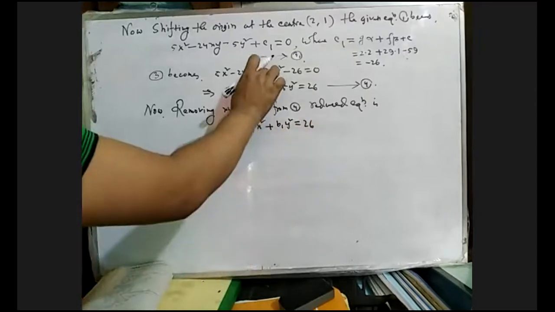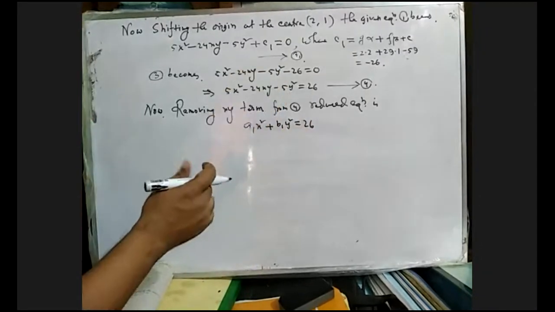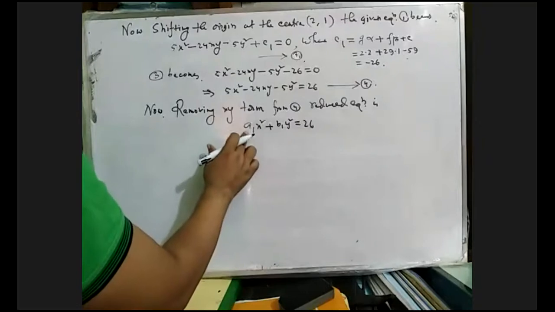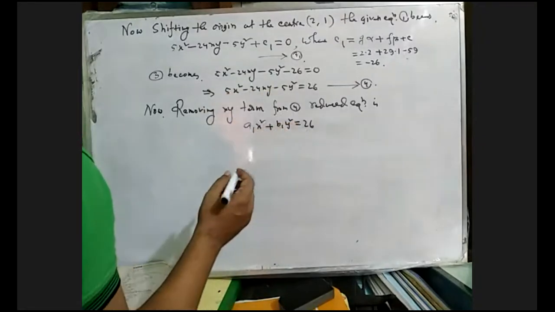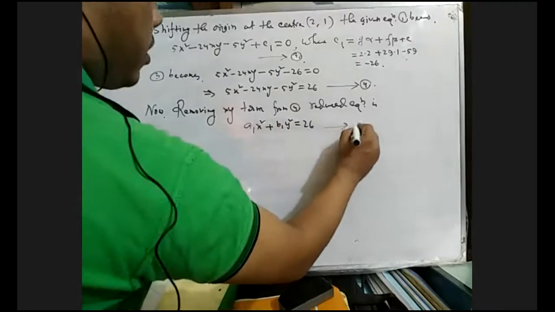Just removing this xy term. We are naming this a1 x square and b1 y square equals to 26. This is equation number 5.